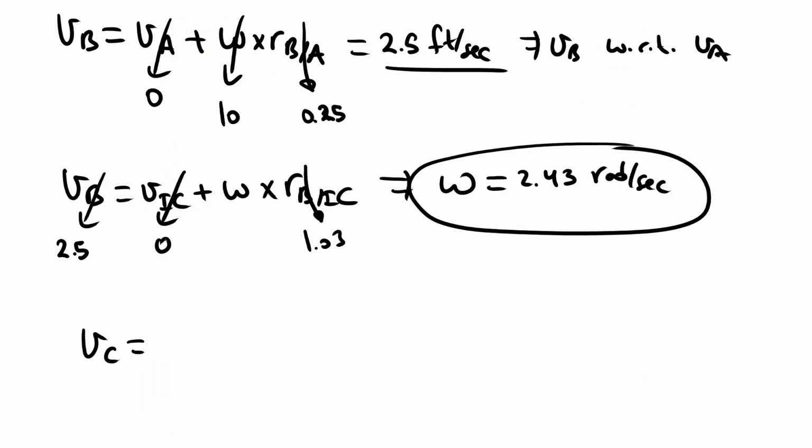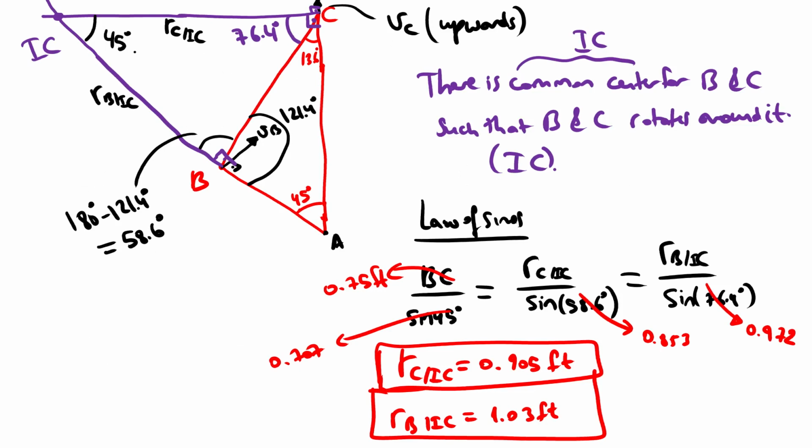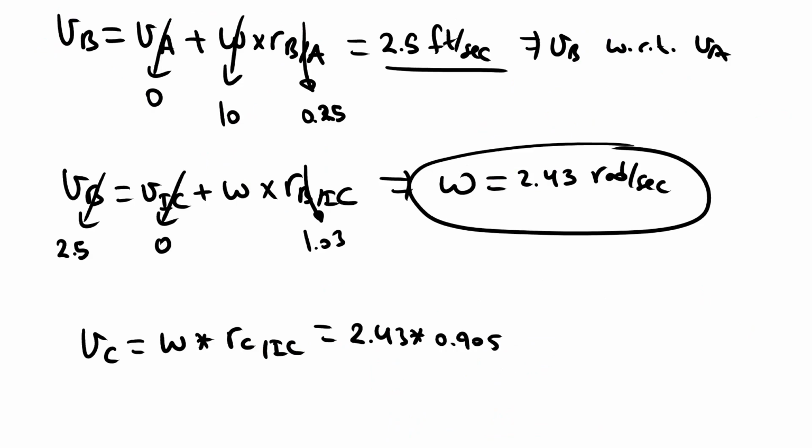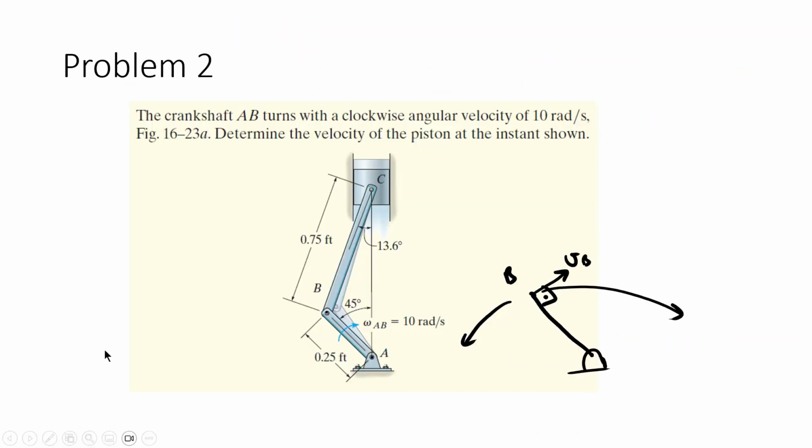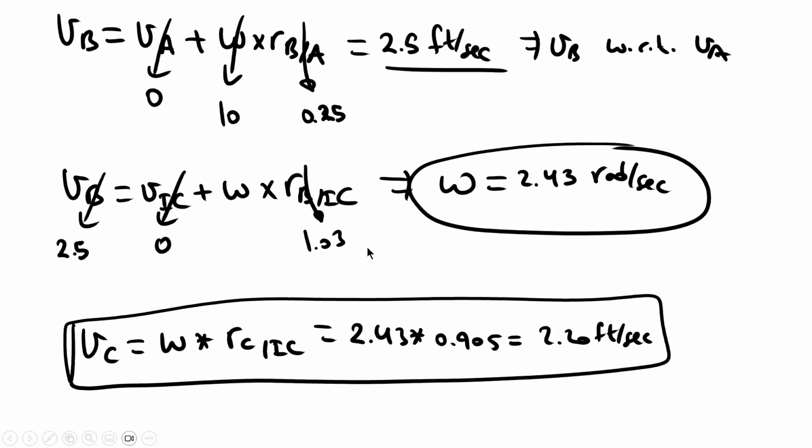So the velocity of C will be omega into RCIC. Omega we just found is 2.43, and RCIC is 0.905. From here it makes 2.20 feet per second. That is the velocity of the piston, 2.20 feet per second, moving up.